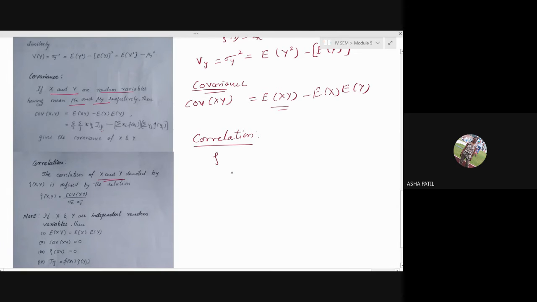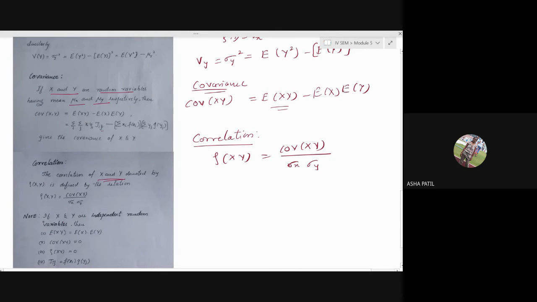So rho, the correlation of x and y, is given by the covariance of xy divided by sigma x into sigma y. Not many calculations here. These are the different formulas that we will be coming across.